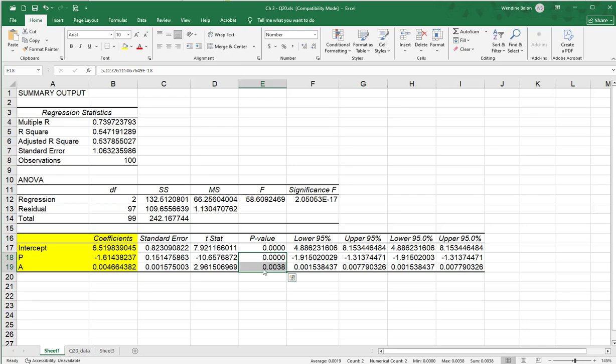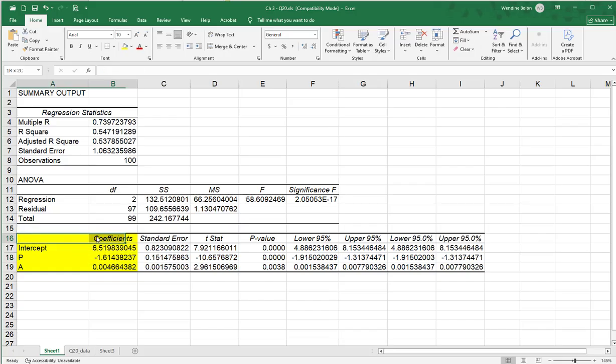Their p-values are really small. If you've had a statistics course, you know what that means. That means these coefficients are statistically significantly far away from 0. That means I can rely on the interpretation of this fairly well. When the price goes up by $1, I can believe the quantity demanded is going to go down by about 1.6, in this case, millions of gallons per week.